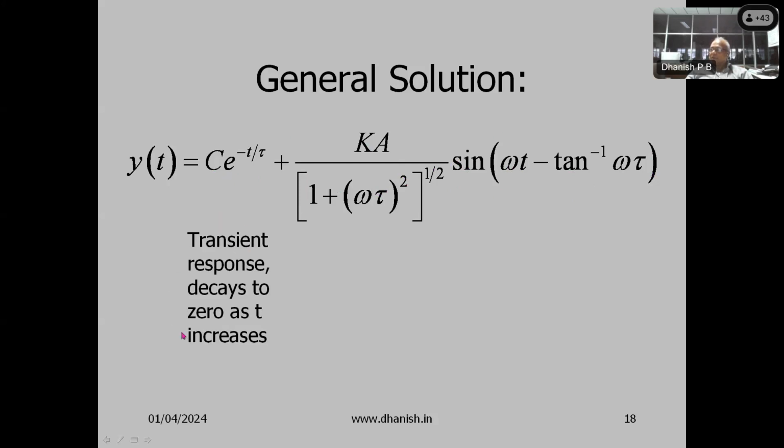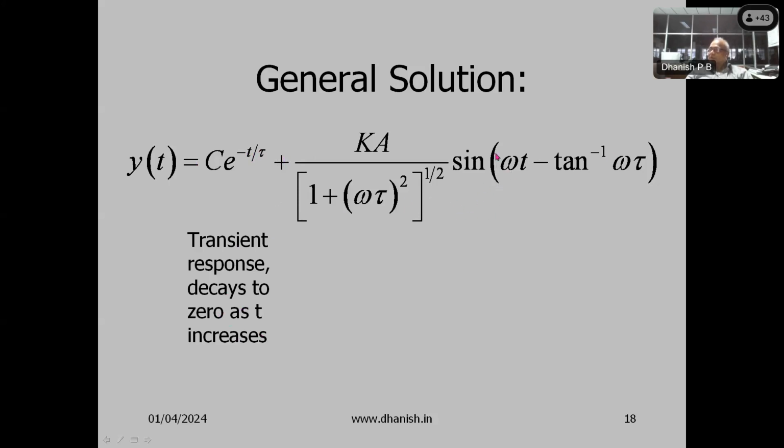The first part is a transient response, which decays to 0 as t increases. When t is 0, e raised to 0 is 1, so this is some value. When t equals infinity, this part becomes 0.